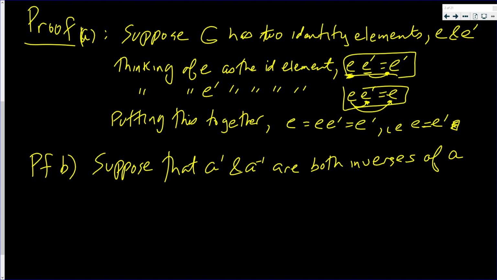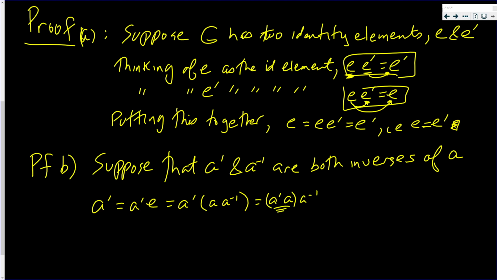Now, what's the best way to write this? Okay, we know that A prime is equal to A prime times E, which is A prime times any old way of writing E. Well, A times A inverse is E, so that's the same as A prime times A times A inverse.